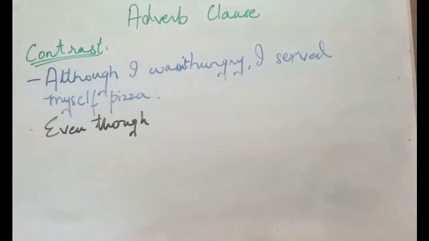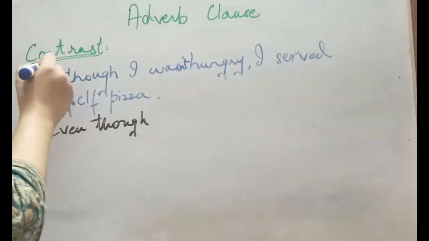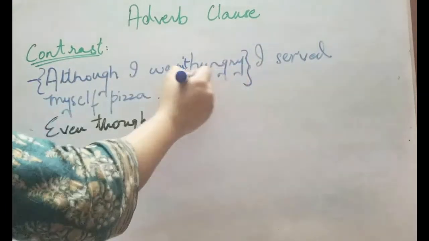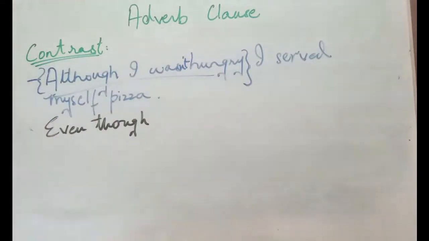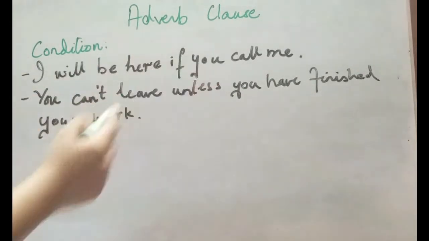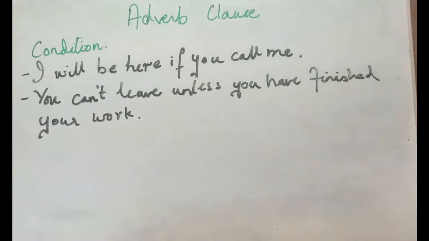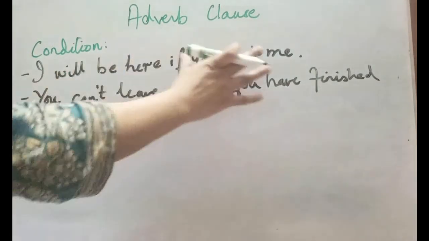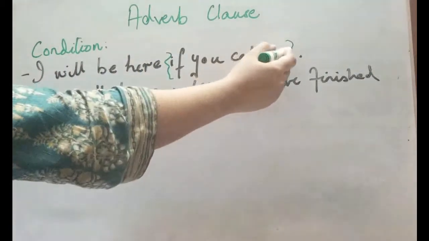Let's move on to the last part, that is the condition part. Over here you have your adverb clause lying in the first part of the sentence. See, there are conditions placed over here. The first one: I will be here if you call me. Your adverb clause lies over here.